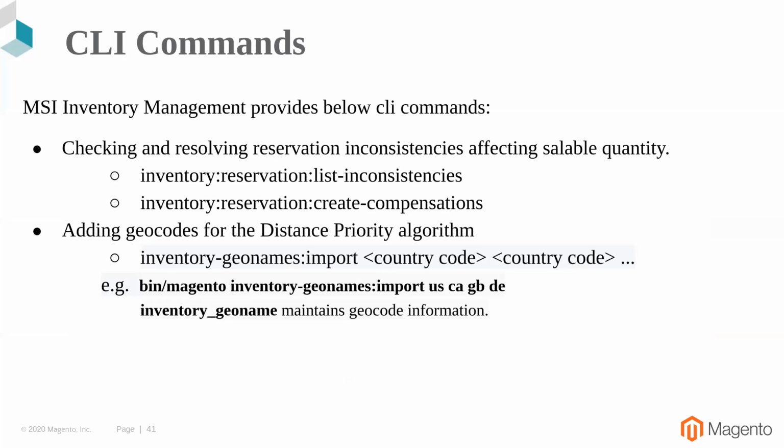As I have shown you, that is how the reservation got updated in the inventory_reservation table. So if the sum is not coming to 0, then only this inconsistency happens. So you can run this CLI command in your console and check what inconsistencies are there.